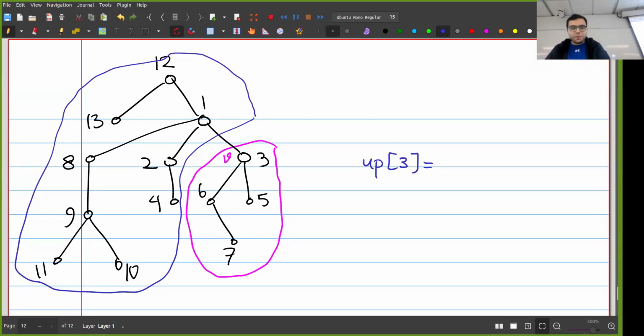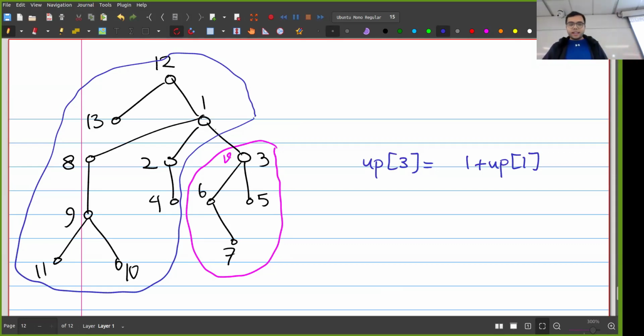I say that my first step is going to 1. But after I go to 1, I either keep going up, in which case I would get the farthest vertex in up of 1, right? So my total distance would be 1 plus up of 1. Or I went from 3 to 1, but then in the next step, I'm going down, okay?